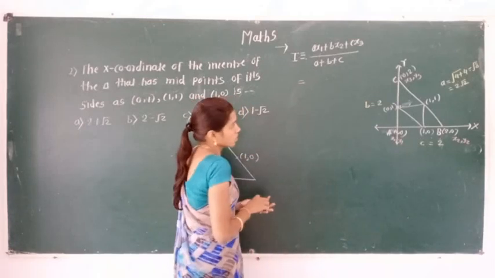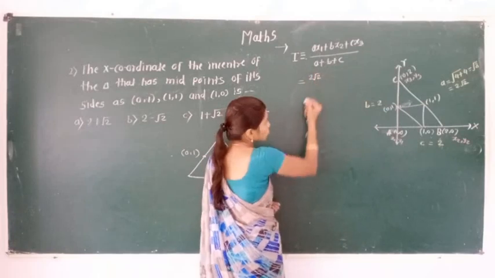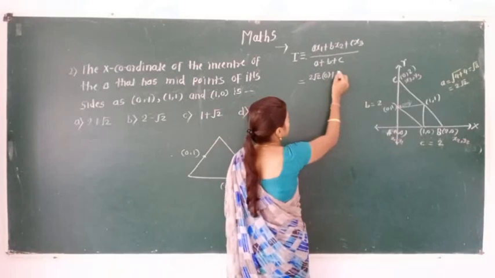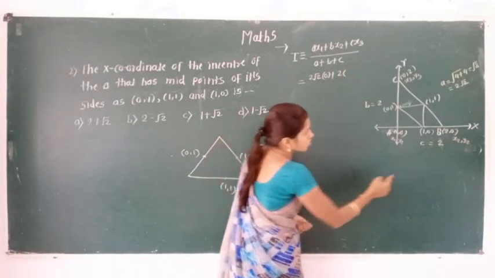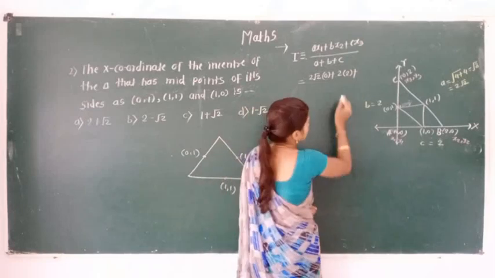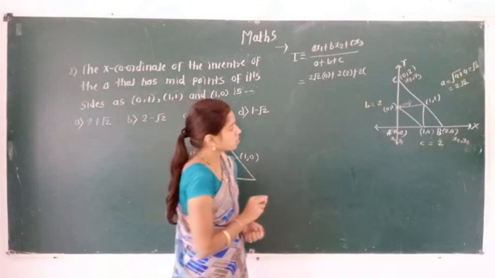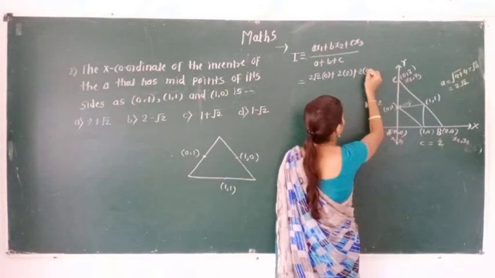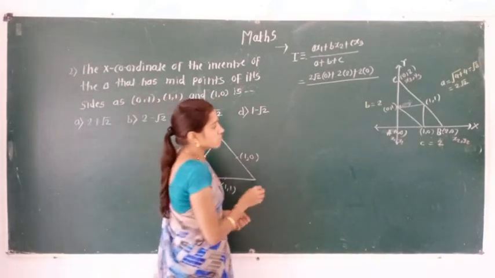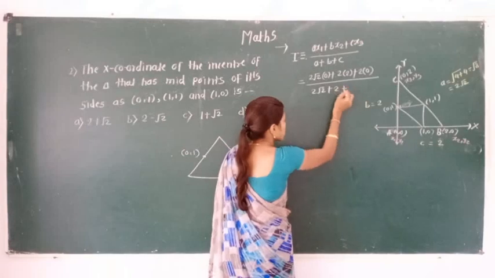We write a is 2 root 2, x1 is 0, plus b is 2, x2 is 2, plus c is also 2, x3 is 0, whole term divided by a plus b plus c. A is 2 root 2, b is 2 and c is also 2.